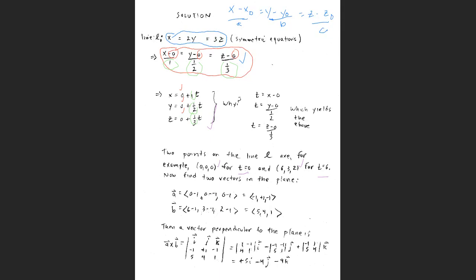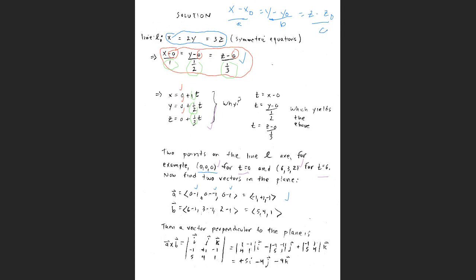Now for the vectors A and B: for A, I take the terminal point (0, 0, 0) on the line and subtract the initial point (1, -1, 1), and I get the vector (-1, 1, -1).